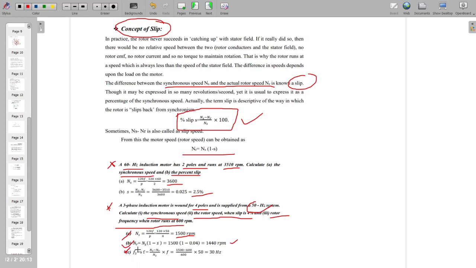Please remember the relationship between rotor frequency and stator frequency: F2, the rotor frequency, is equal to slip into stator frequency. We know slip is equal to (Ns minus Nr) upon Ns, and f is 50 hertz. Substituting the corresponding values, we get 30 hertz.